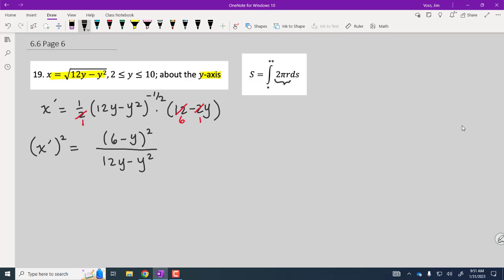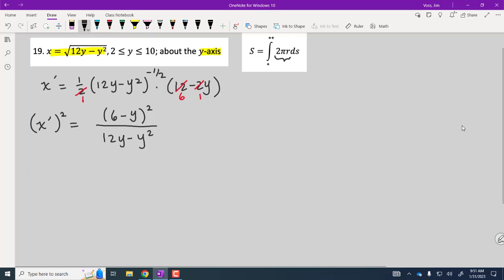So now let's build our big integral for surface area. We are going to integrate from 2 to 10. They give it to us. And then we have 2πr. The function, again, is r. The function is measuring the distance from the axis of rotation. So that's going to be the square root of 12y minus y squared. That's 2πr.